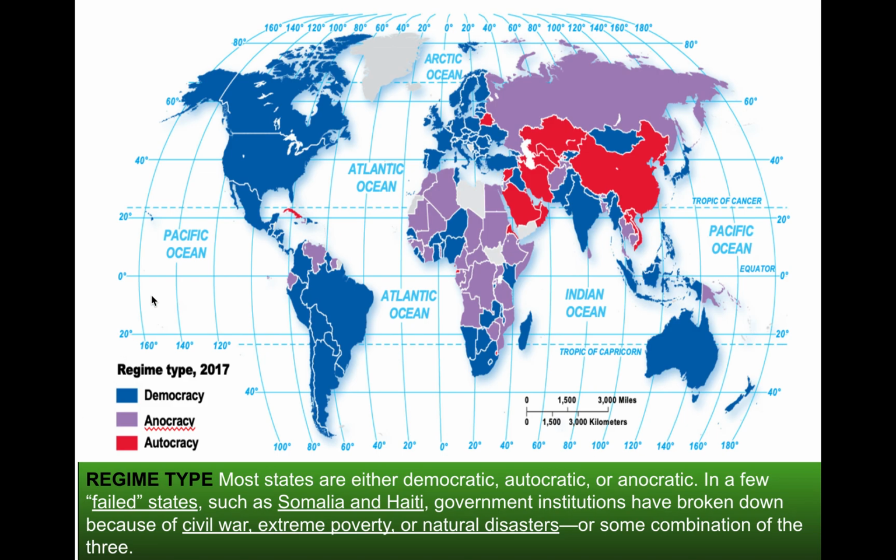And then in the West, wherever we see blue, these countries are going to be countries that religiously are secular. They separate church or religion from government, state, federal, national government.